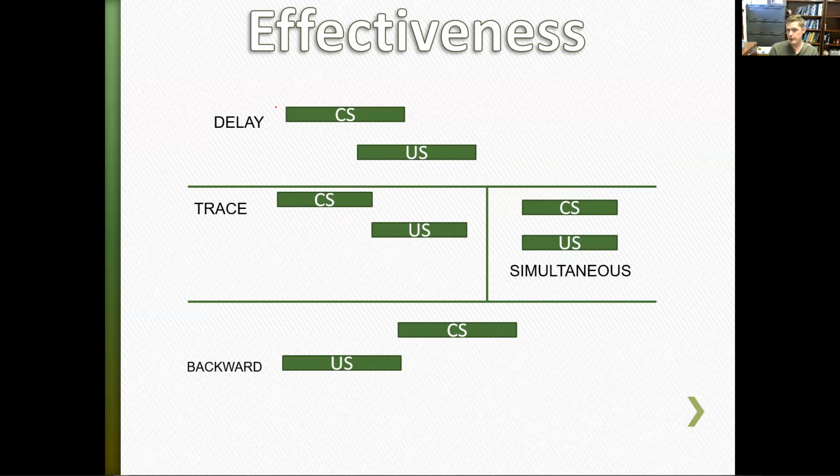So with conditioned stimuli that tell us when food is about to come, it's most useful if that stimulus tells us right before the unconditioned stimulus comes. If it happens at the same time as the unconditioned stimulus, then it's not really giving us any information, is it? It's just happening at the same time. So if a bell and food were coming at the exact same time, why pay attention to the bell?